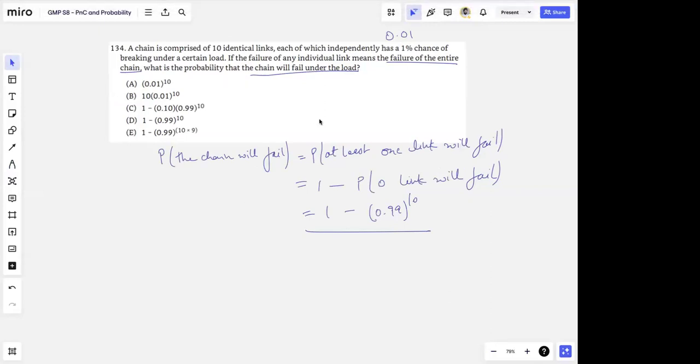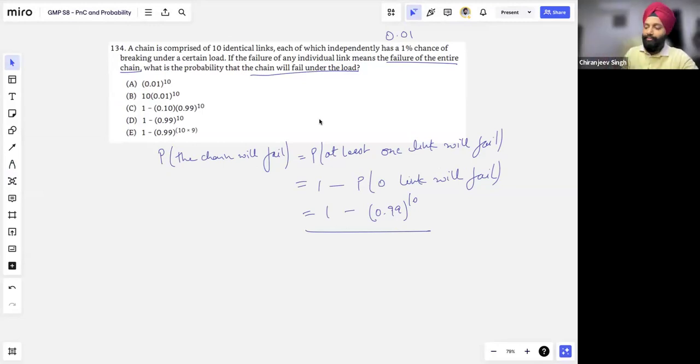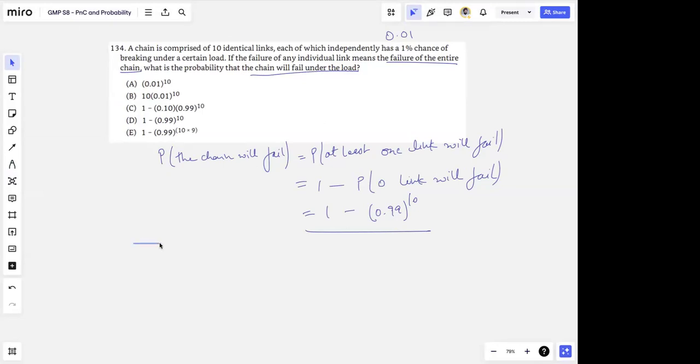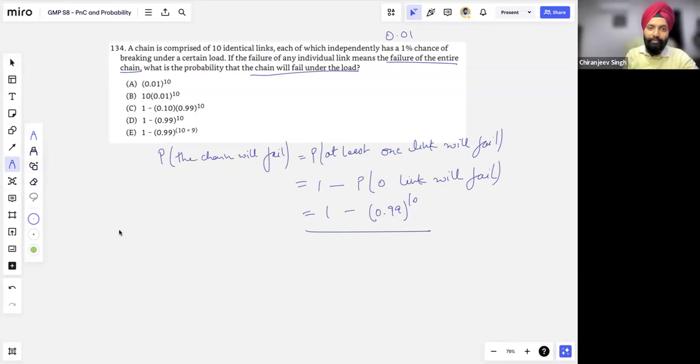So if we had to go without this approach, is there any alternate approach to this? Initially, what I was planning was 1 divided by 100 into 10, but I got confused. I was thinking that, but then when I took this approach, I was able to get to the solution. Is there any alternate approach to this?